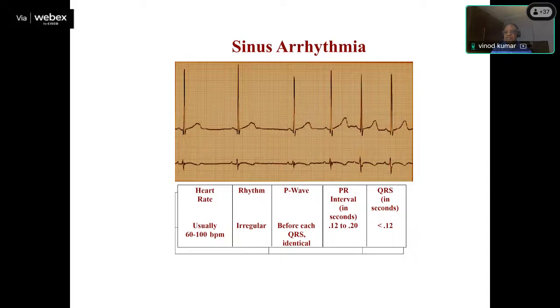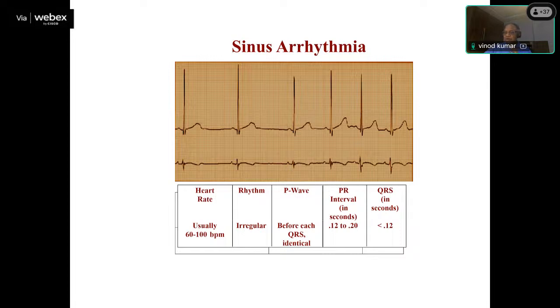At one moment it is 70, the next second it may be 72, the next second it may be 68. The heart rate is continuously changing. In one second it is 68, next second it is 70, then 65, then 72. This variation in heart rate from one beat to another is my heart rate variability. This also has information.